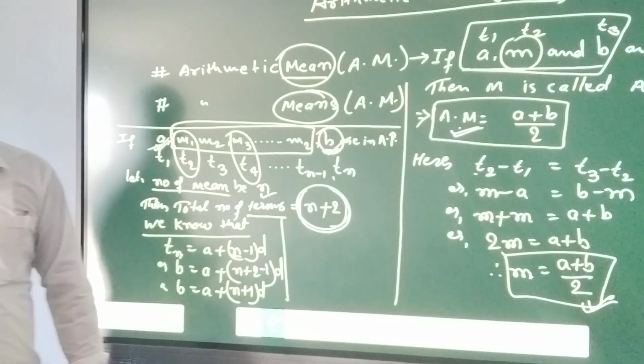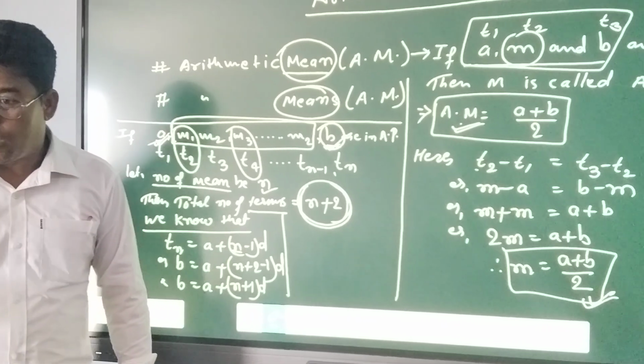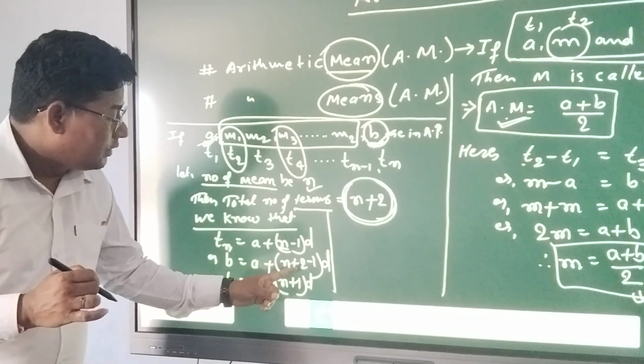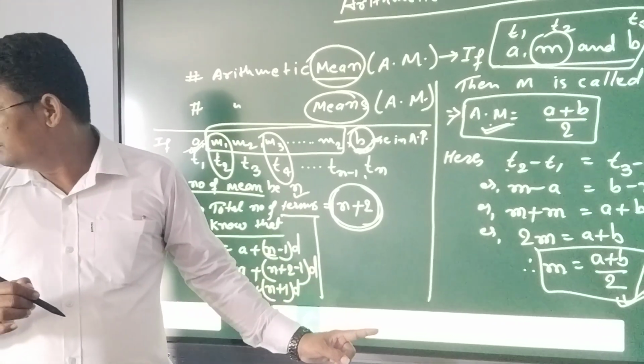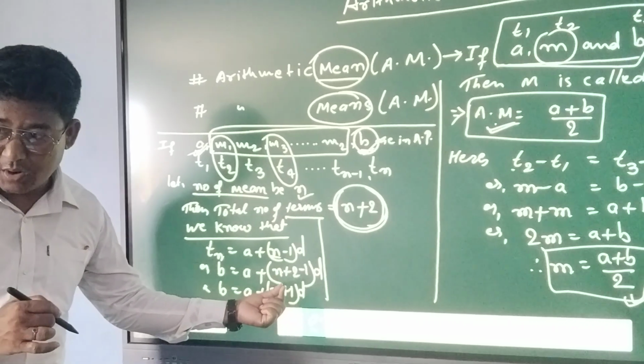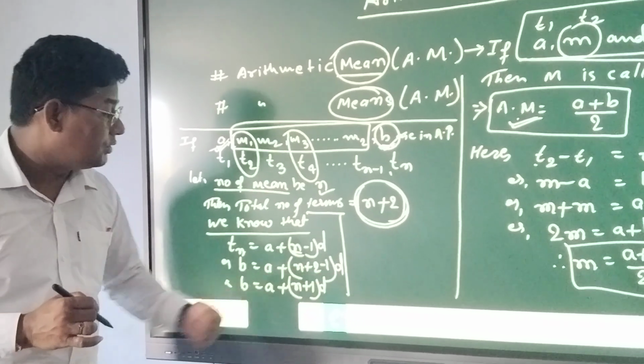Clear? How did it become that? Attention here everybody. 2 minus 1 means 1, and into d.